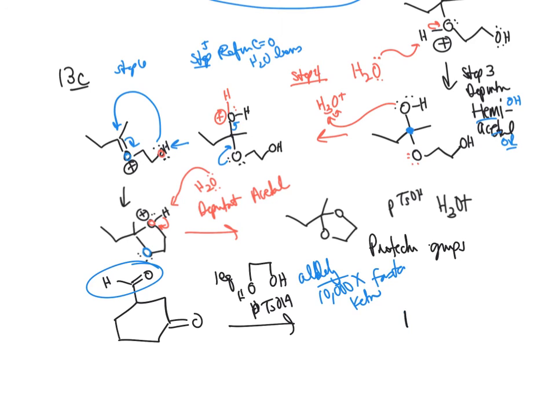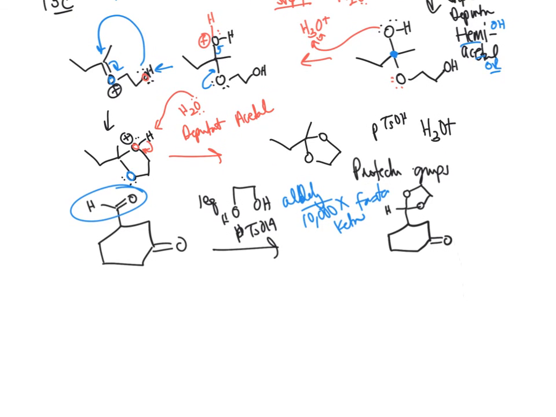So what you would do is you would protect the aldehyde as an acetal. Okay, and then you could do sodium borohydride. And you see how you could reduce that to an OH. And then you can add acid and water.